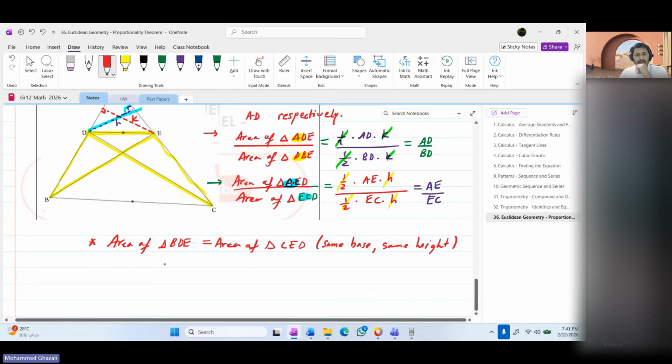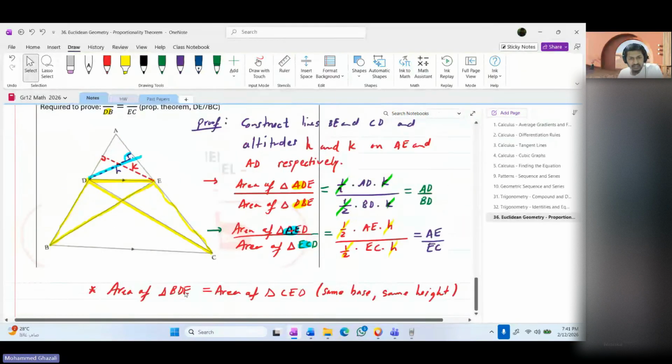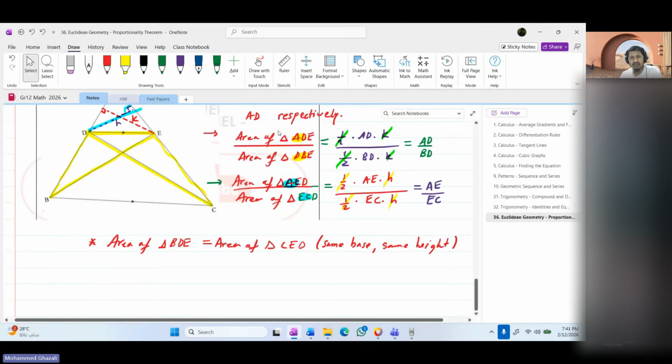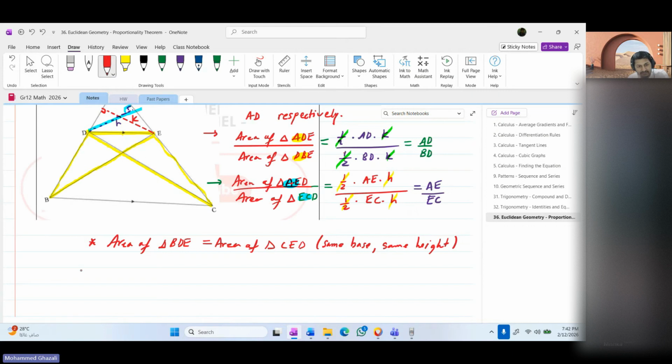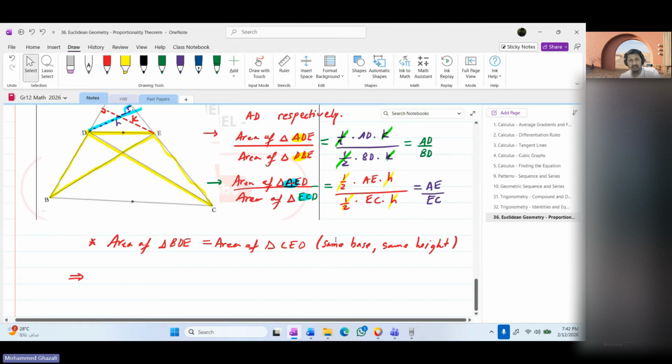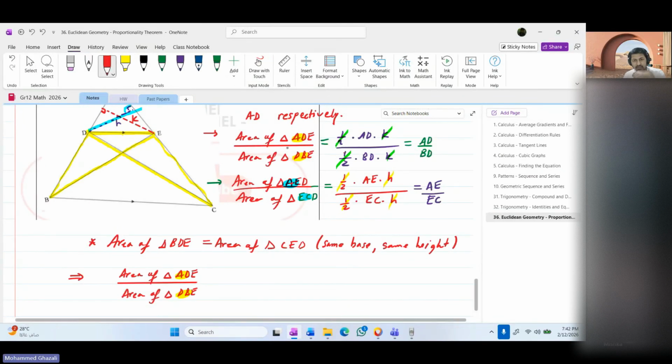Now, area of triangle BDE is the bottom part of the first ratio, and area of triangle CED is the bottom part of the second ratio, but the top part is the same, which means that these two ratios are equivalent. This implies, now you have to write out all this, the top ratio is equivalent to the bottom ratio.